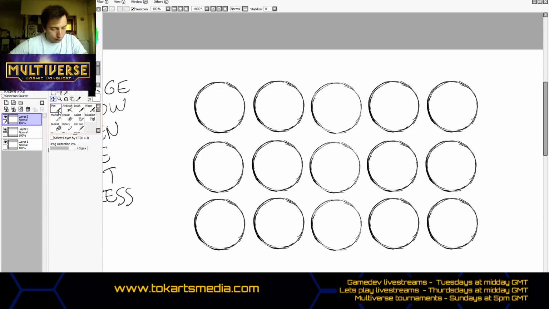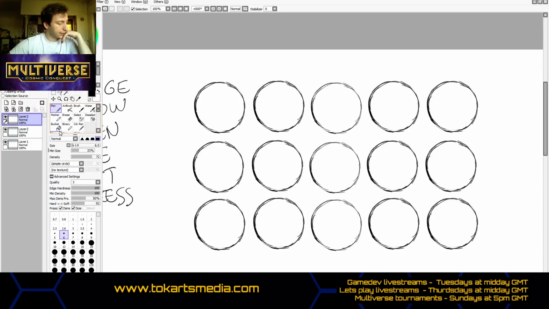Alright, so for red, I still don't know exactly which of these symbols I'm going to use for the 6 colors. I think that red needs a flame because red is the color of war, of technology, and firepower. Firepower already has the word fire in it. Explosions have fire.